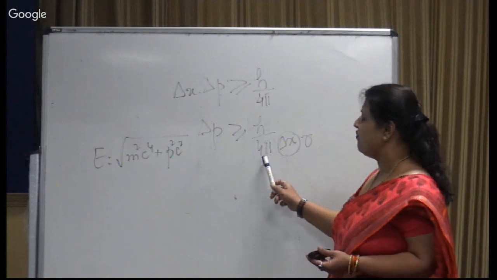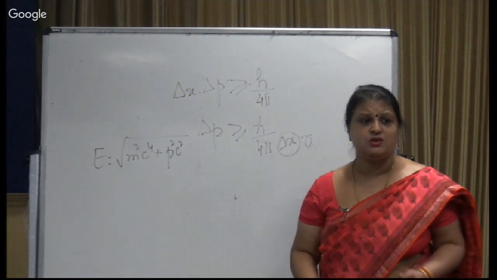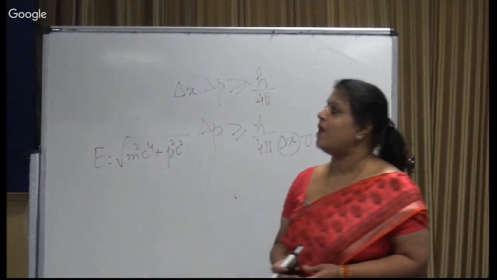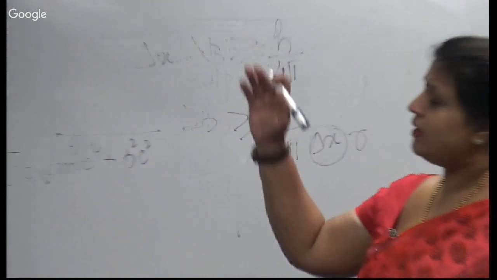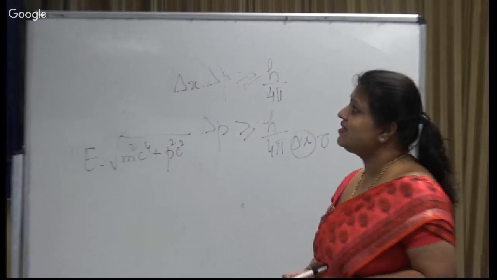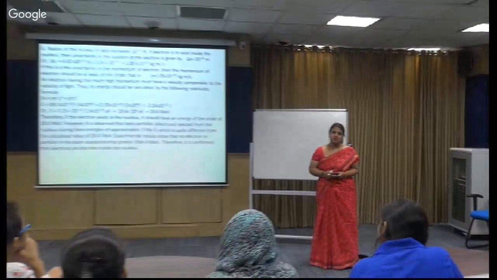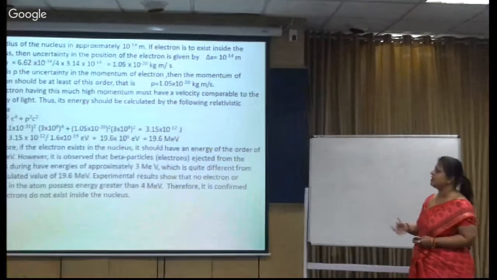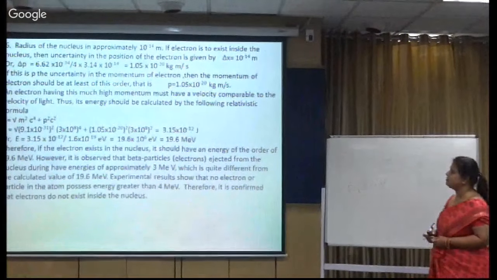If that is the uncertainty in position, then the uncertainty in momentum will be h upon 4 pi into uncertainty in position. That comes out to be of the order of 10 to the power minus 20. Now, if this is the uncertainty in momentum, that means the momentum is also of the order of somewhat closer to 10 to the power minus 20 kg meter per second.